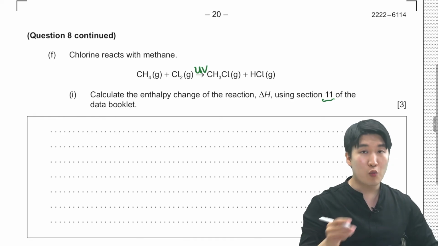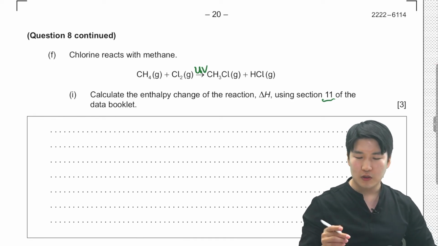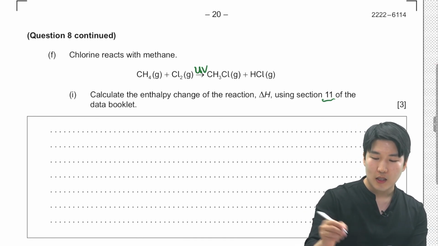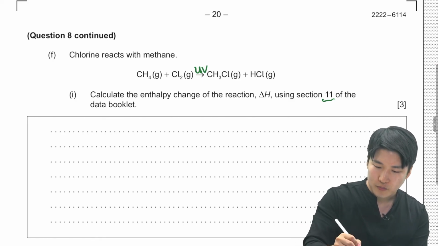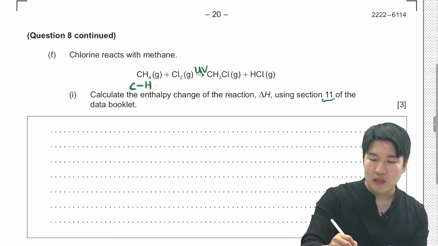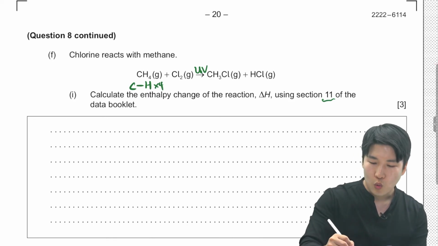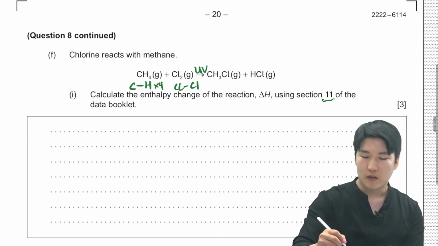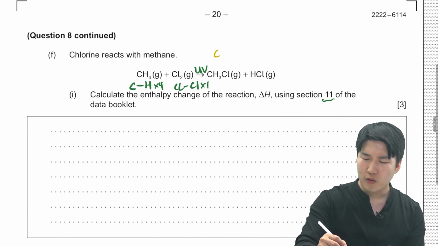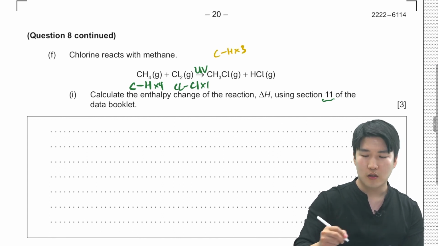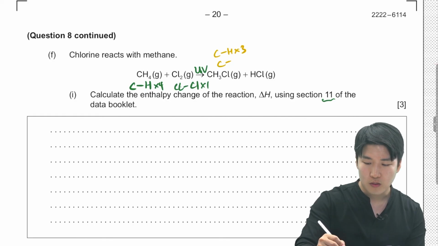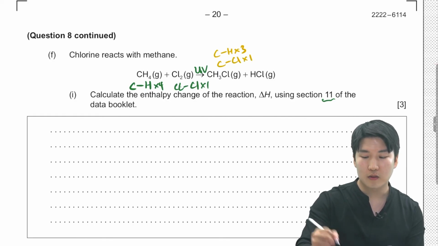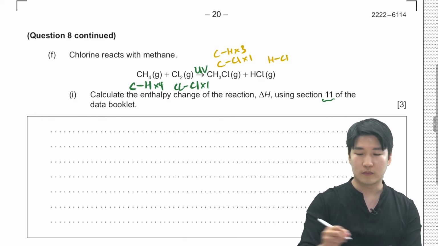Section 11 tells us that we will be using bond enthalpy values, where we will be breaking 4 C-H bonds, 1 Cl-Cl, and we'll be forming 3 C-H and 1 C-Cl, and finally 1 H-Cl.